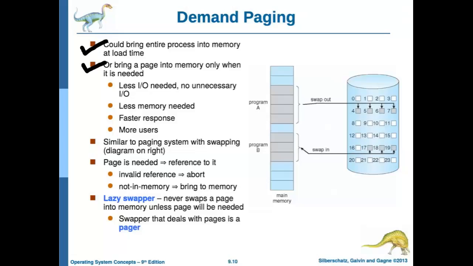Now, if that page is not in memory, then we need to bring that page into the memory. Once you bring it, we'll modify its status bit. Now there is the concept of a lazy swapper, which will never swap a page into memory unless the page will be needed. That means if some page is not required, it will not be fetched into the memory.